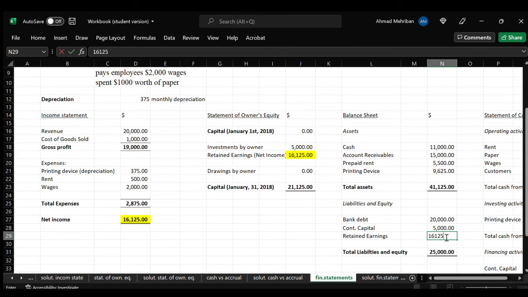And the moment I hit the enter button, the total liability and equity will be equal to total assets. That's it. So we have compiled the correct balance, we have made our entries correctly, and so far everything is good. Everything is correct. So that's the end of our balance sheet. And again, we can actually color code it to make sure that you understand the link between these three financial statements.